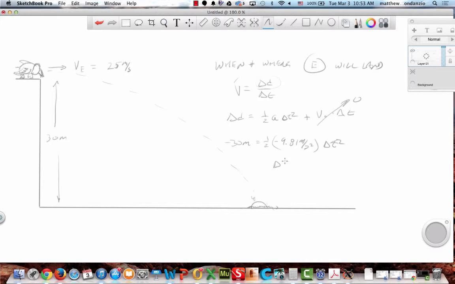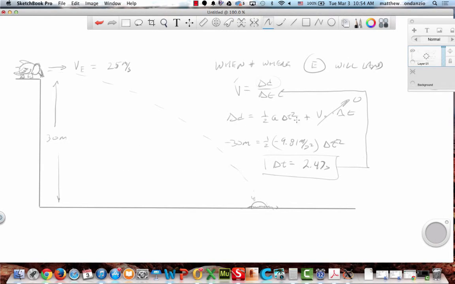So that gives me a delta t of what, guys? What did you get? 2.47. Did everyone get 2.47 seconds? I'm going off your judgment there. Now I've got my delta t, because the delta t for my vertical is the same as for the horizontal.